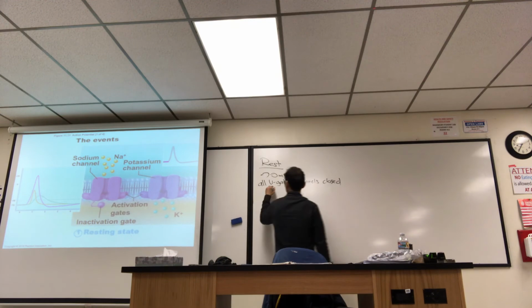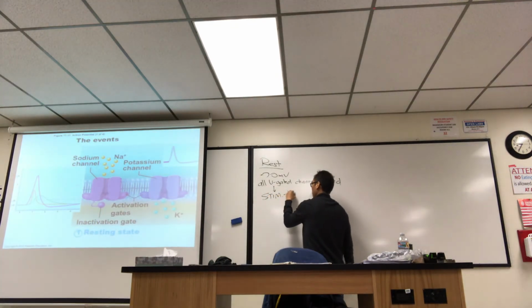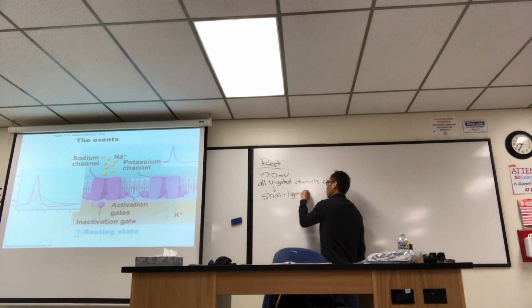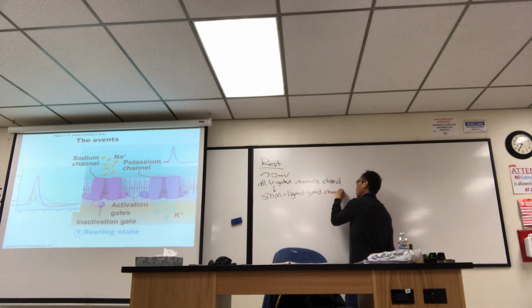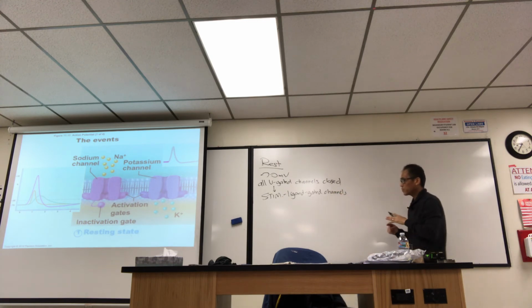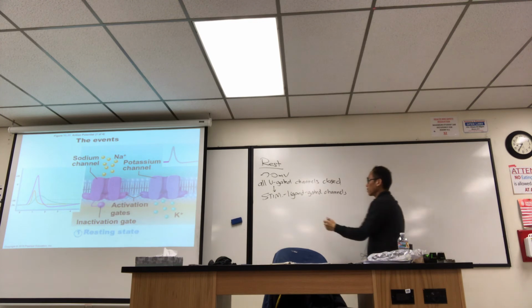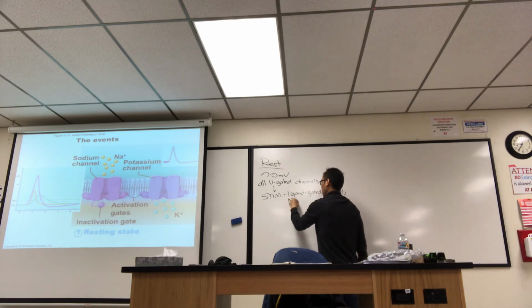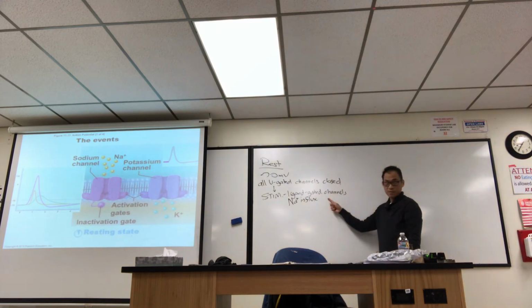So from rest, you want to stimulate those ligand-gated channels. You want to allow some sodium influx to reach threshold. So it's sodium influx through the ligand-gated channels, not the voltage-gated ones.